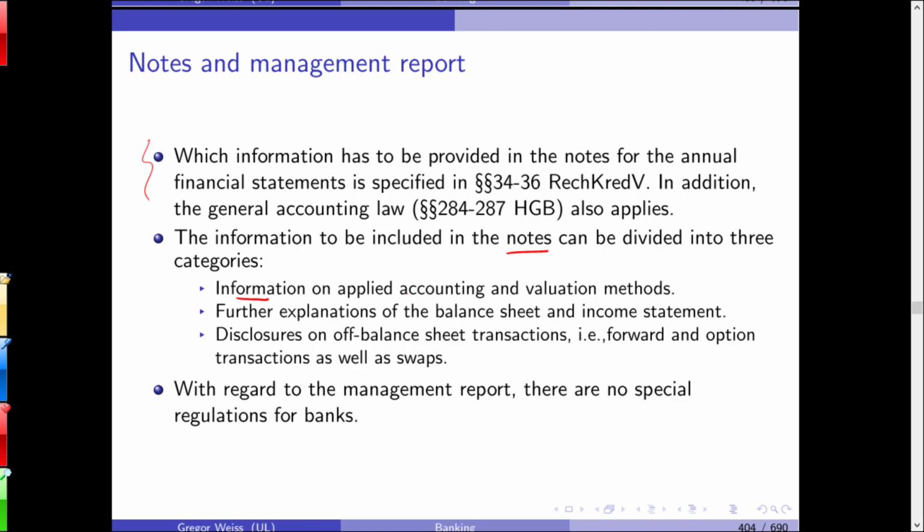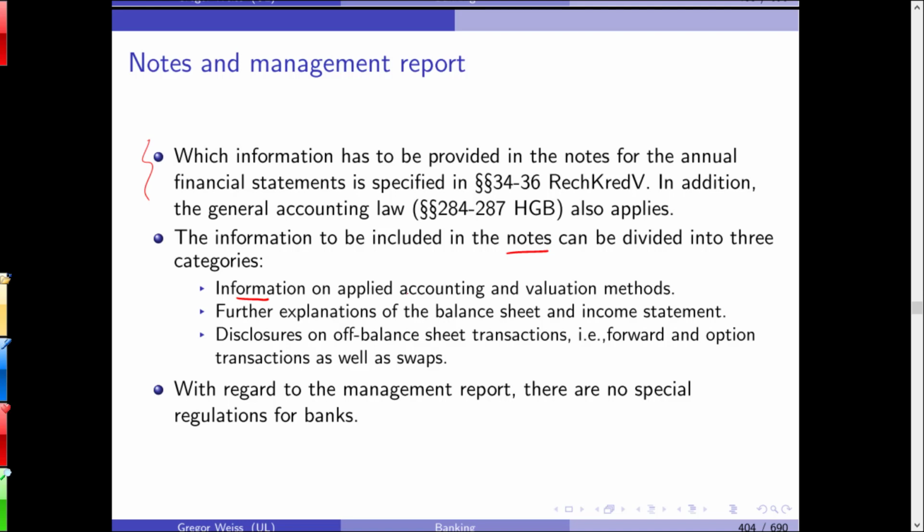Because an auditor and the general public might need this type of information to understand how the bank has arrived at, for example, a certain value for a certain position. If they have some netting options, if they have some discretion when it comes to accounting, all those decisions and all those discretionary rules need to be described in the notes to the balance sheet.